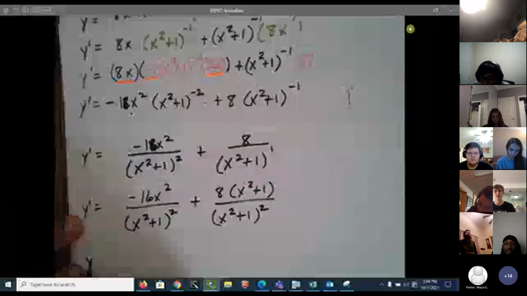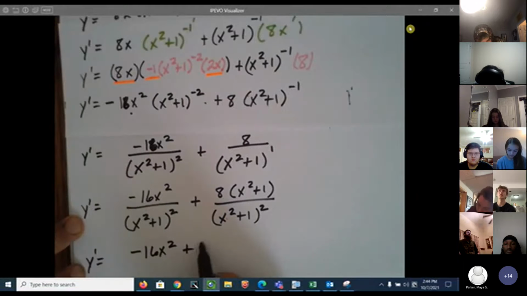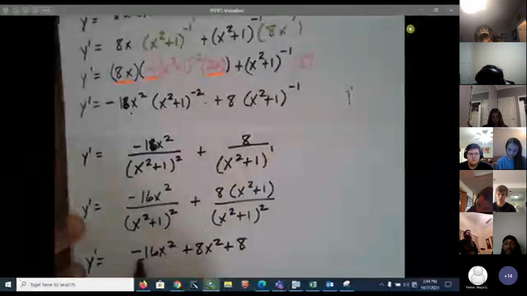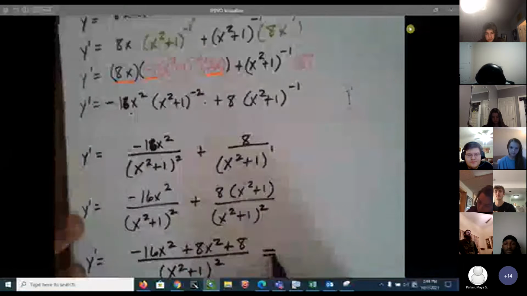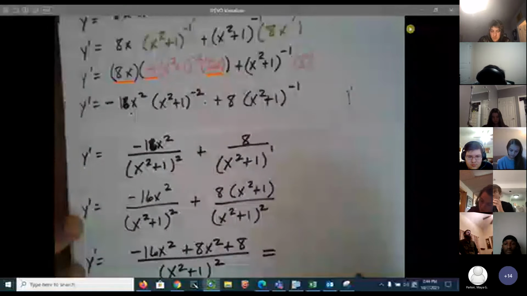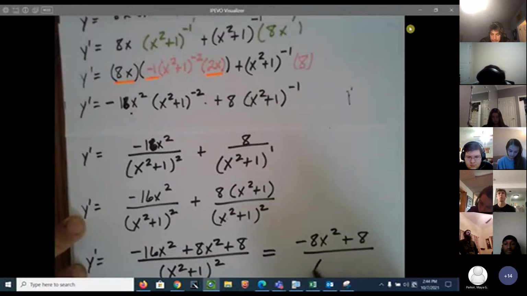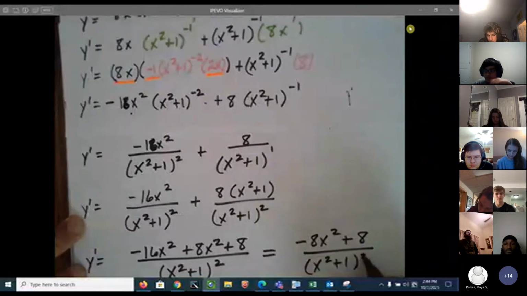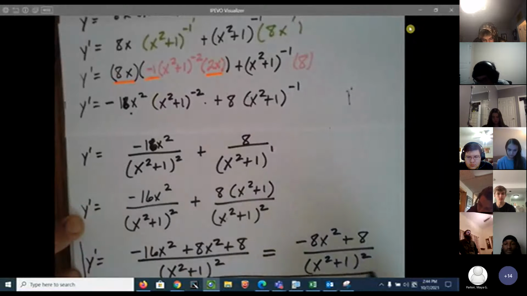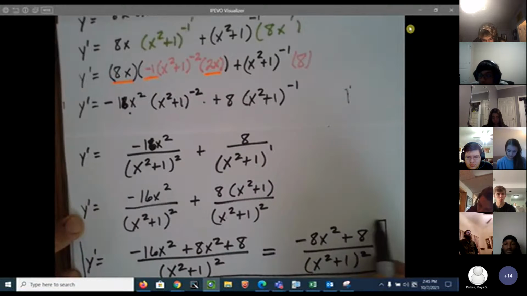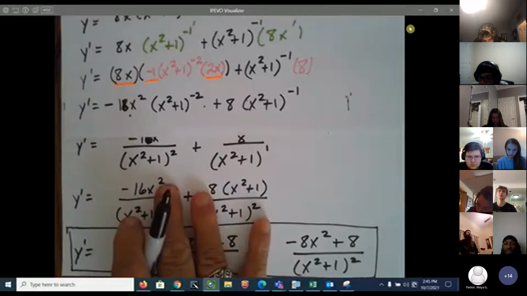And I get y prime is equal to negative 16x squared plus 8x squared plus 8 over (x squared plus 1) quantity squared. And that gives us negative 8x squared plus 8 over (x squared plus 1) quantity squared. And that is the equation for the tangent line at any point on that curve. That's the first part. We got to that.